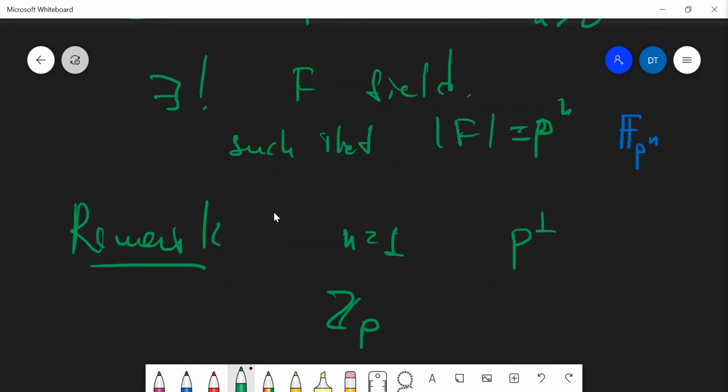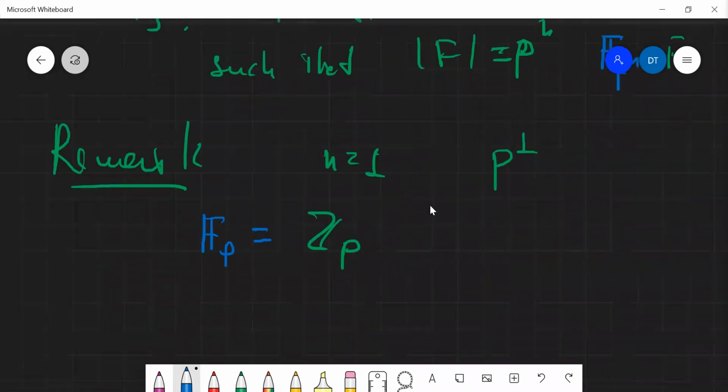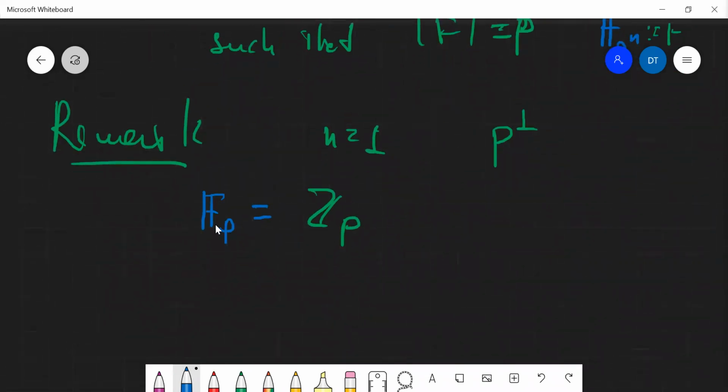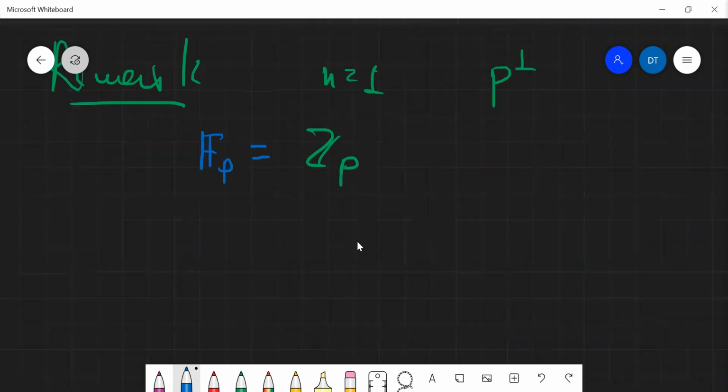So this will be the notation for this unique field with p to the n elements. Using this notation, we see that F_p is the same thing as Z_p. If we want to produce a field with p elements, we just take Z_p, and this is just a new name for this guy. So if you see this name, don't be confused, it's just Z_p.